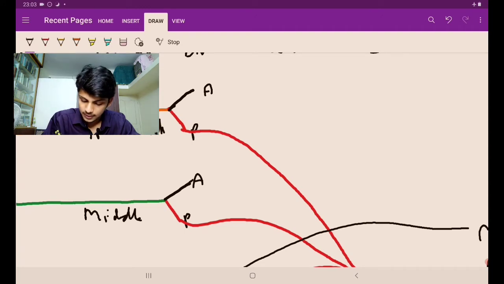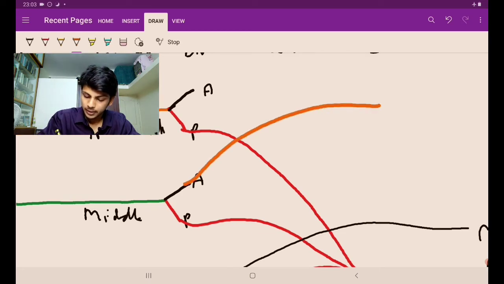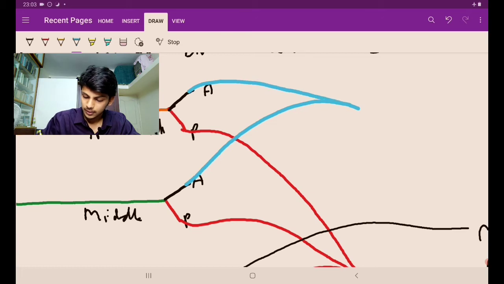Then there are the anterior divisions of the upper and middle trunk. I'll use a different color. The anterior divisions of the upper and middle trunk will form the lateral cord of the brachial plexus.